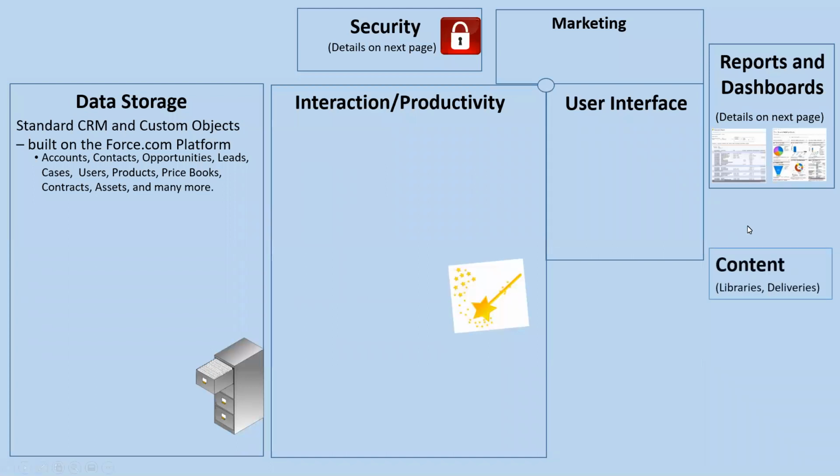So content lets users find, edit, and deliver materials to people outside the company, often used by sales reps who can send sales presentations to customers. Communities allow those outside the company to interact with select Salesforce data.